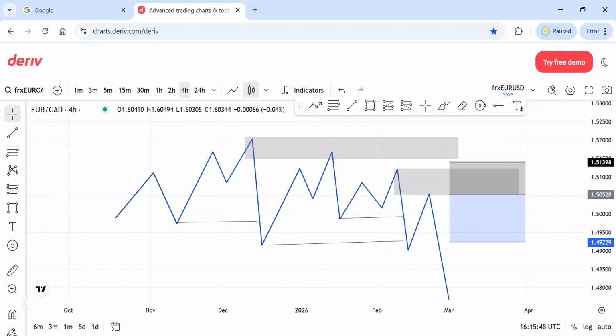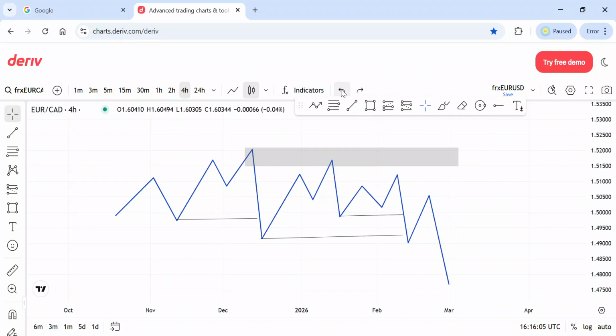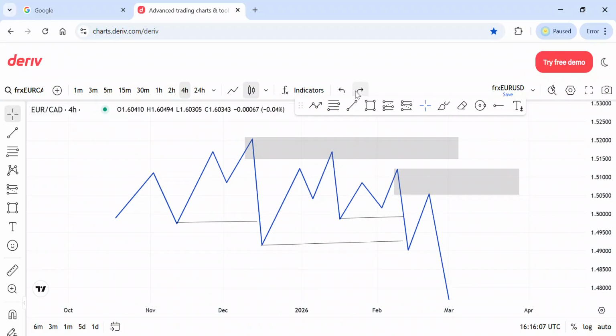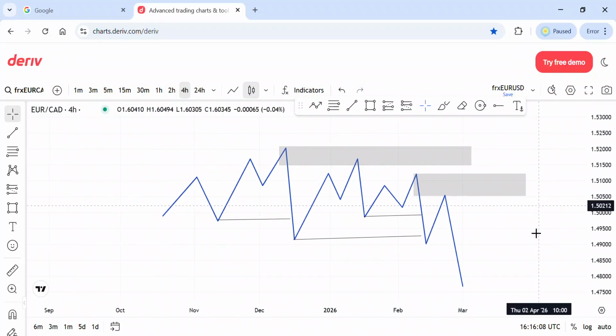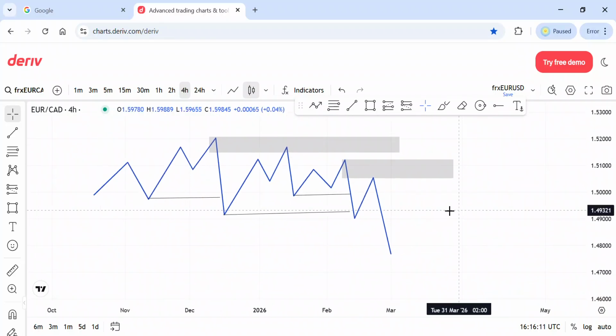Okay, so let's just go to the chart. Let's check one or two pairs to quickly pinpoint this illustration that I just made. Okay, or probably, let me do something before I go to the live chat. So let's assume that this market gives us something like this again.